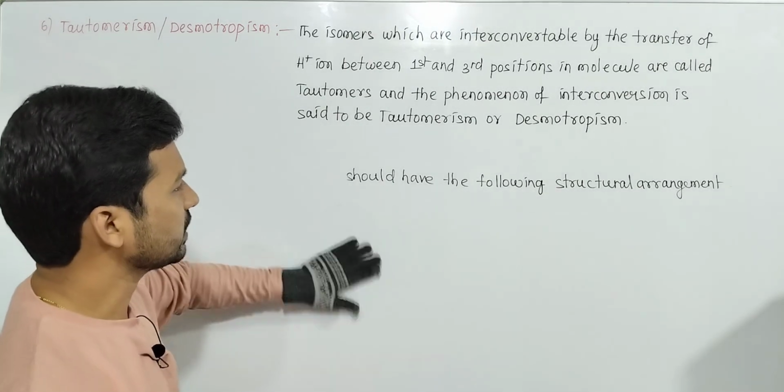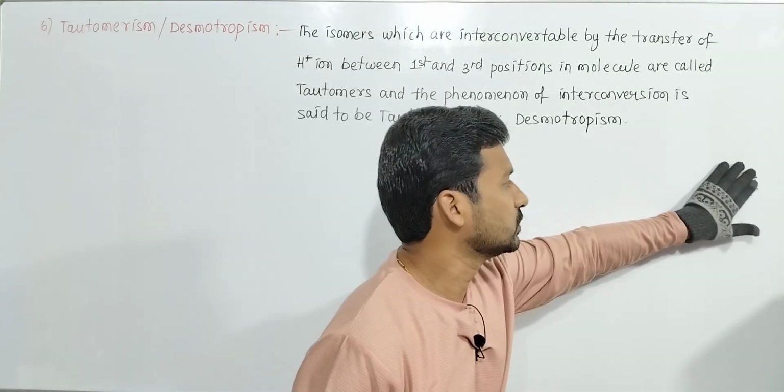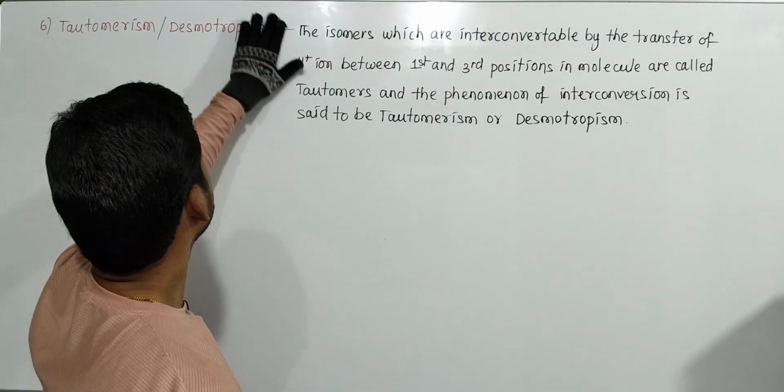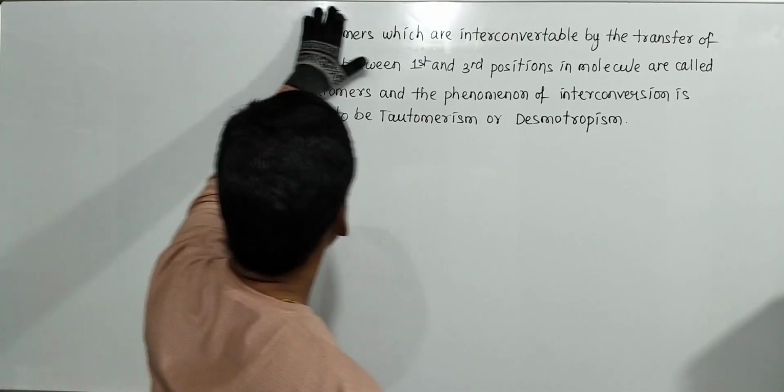Tautomerism is also called as keto-enol isomerism. I will explain.